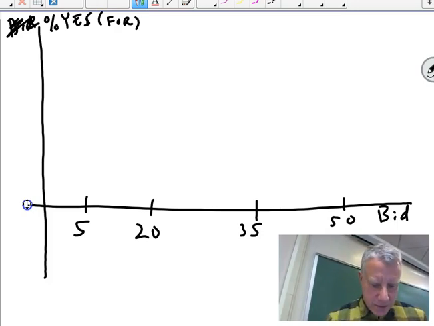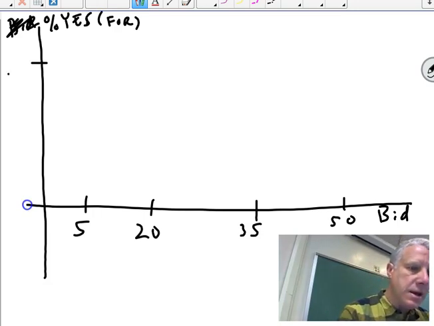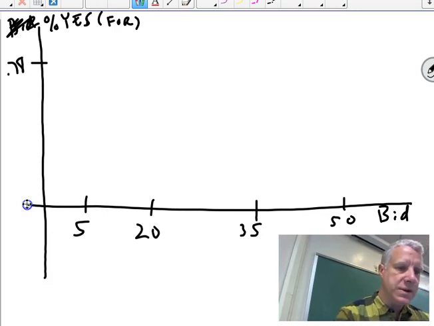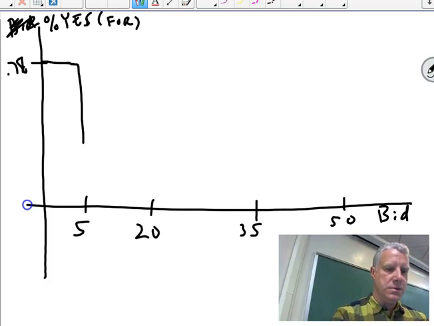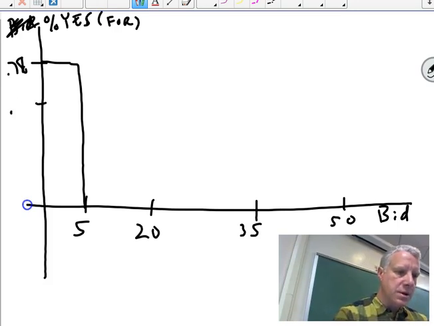At a bid of $5, the people who target Red Drum come in at a percentage yes of 0.78. So there's a rectangle. When the bid is 20, the percentage of yes responses is 54.